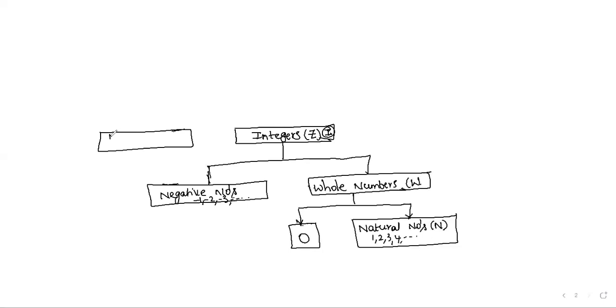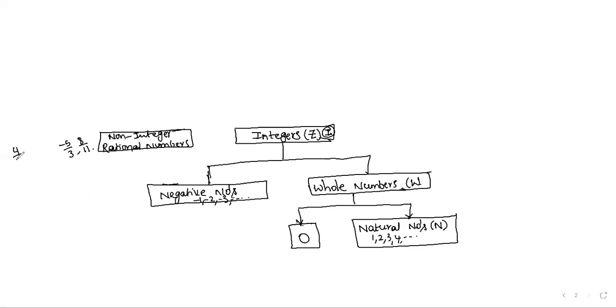integers and non-integer rational numbers. Non-integer rational numbers means -5/3, 8/11, like this.